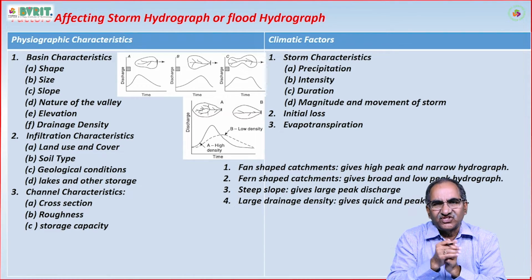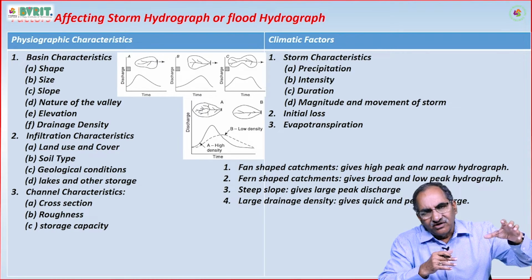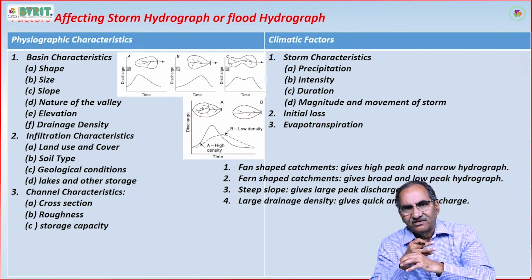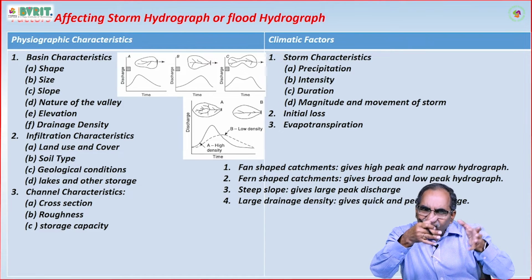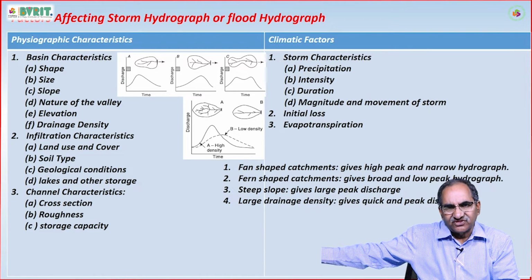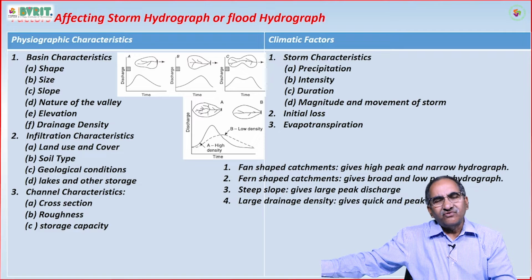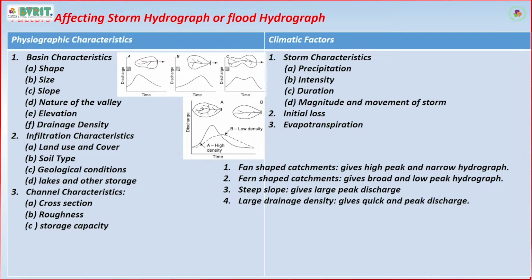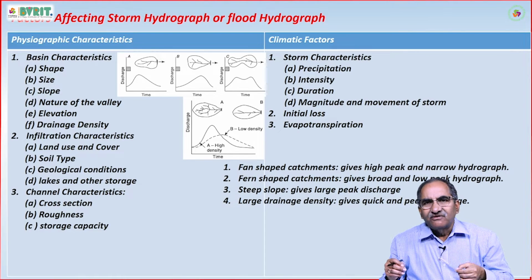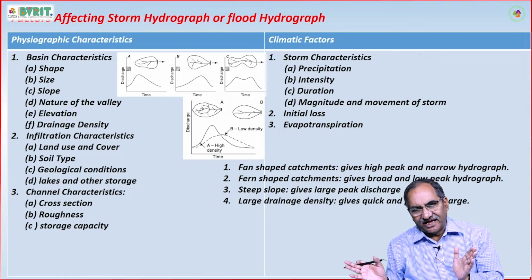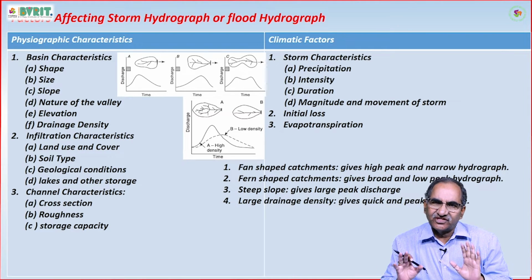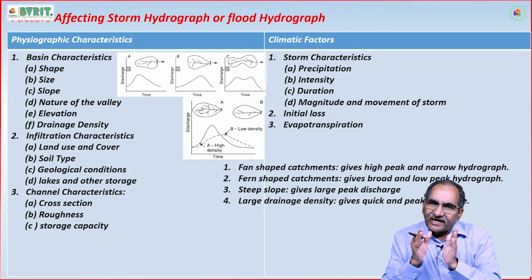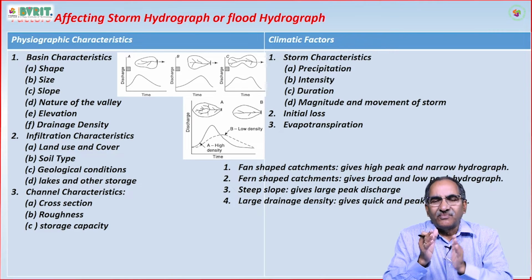Out of whatever rainfall has occurred due to that storm, what is the runoff that is flowing in the stream and reaches the outlet point? At the outlet point, we measure the discharge with respect to time, for every 10 minutes. So we will prepare a time versus discharge curve. That is what we call a storm hydrograph.